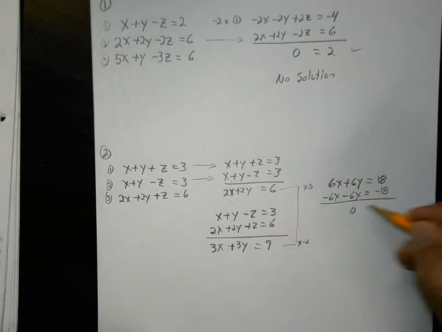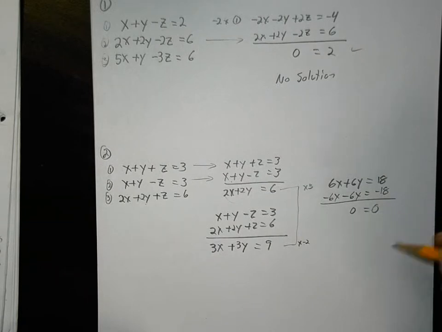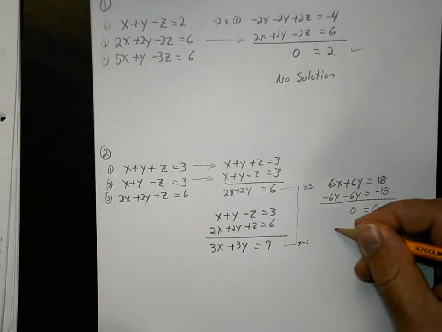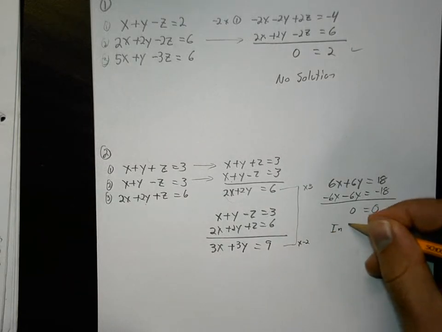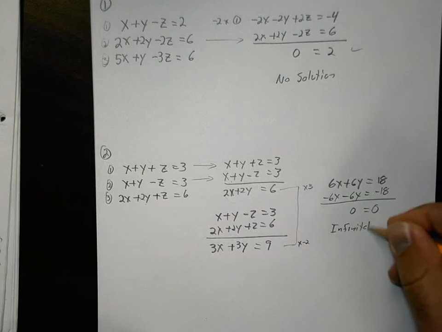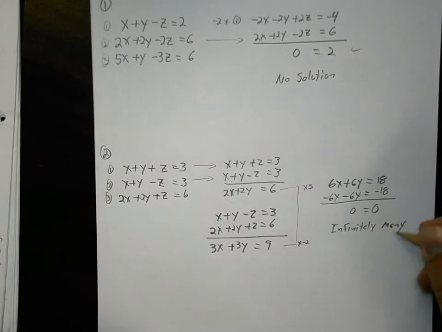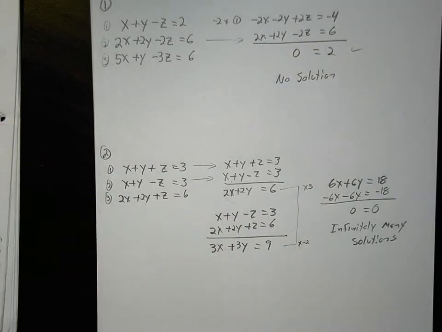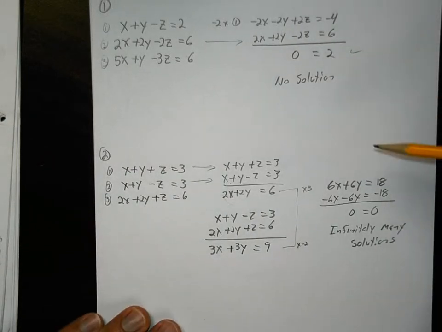Our variables are eliminated, so we get 0 equals 0. Just like with two equations, two unknowns, that indicates that we have infinitely many solutions, and it still does. So those are our two special cases, very similar to what we had before.